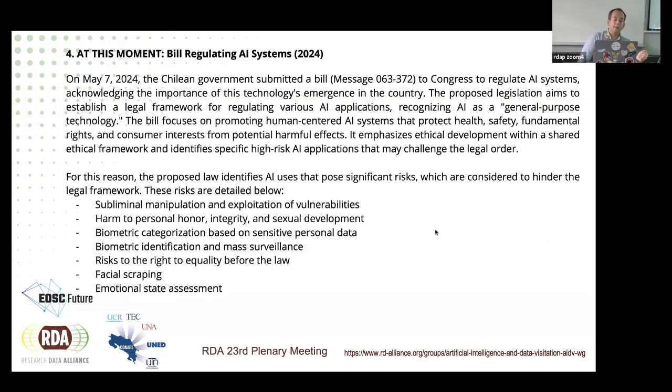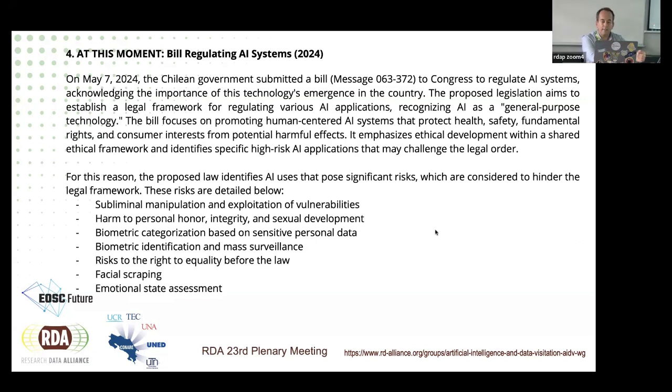At this moment, as I said before, there's a bill regulating AI systems by the government. On May 7th, 2024, the Chilean government submitted a bill, message 63372, to Congress to regulate AI systems, acknowledging the importance of this technology's emergence in the country.